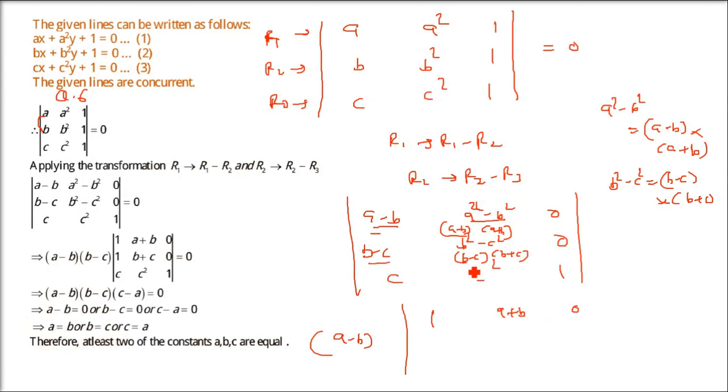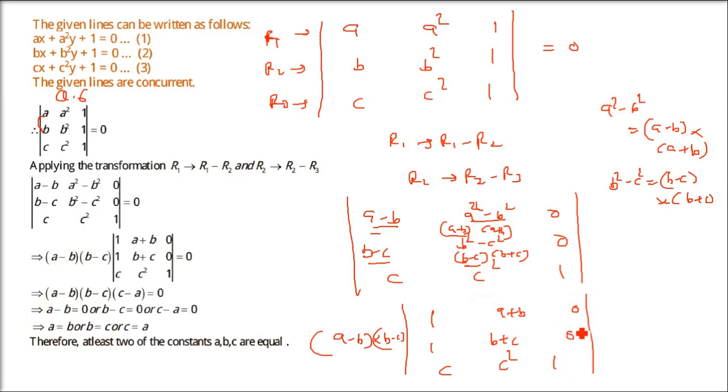From the second row b minus c you can take common: 1, b plus c and 0. From the third row you are not taking anything common, c square and 1.